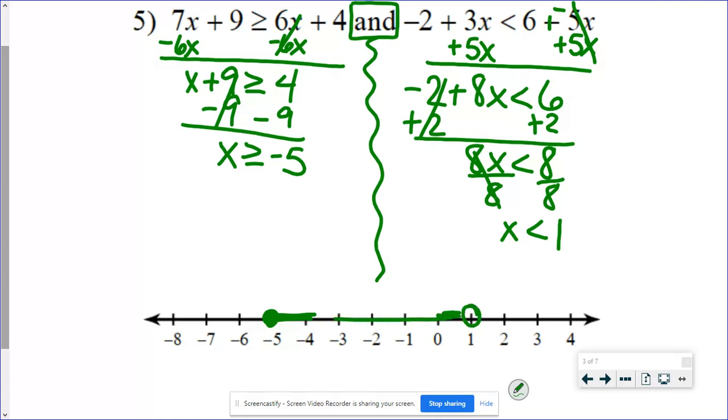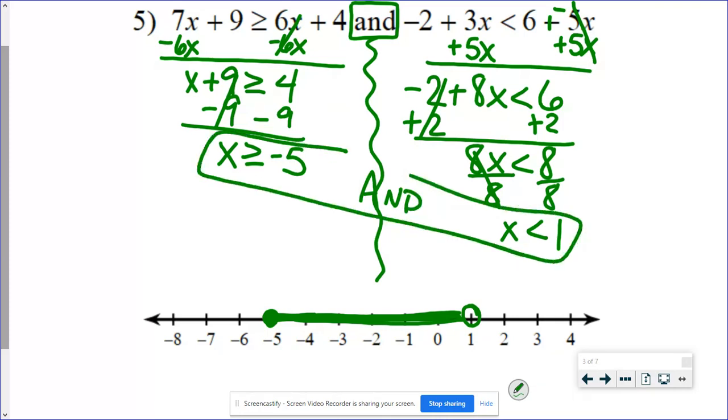So here is the overlap. Here's the stuff that makes both of those inequalities true. If we wanted to write this, instead of having this word and in between these two parts, I could write this as that three-part kind of an inequality. So negative 5 is the smallest thing that I have.